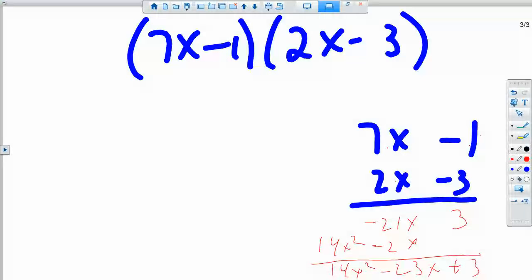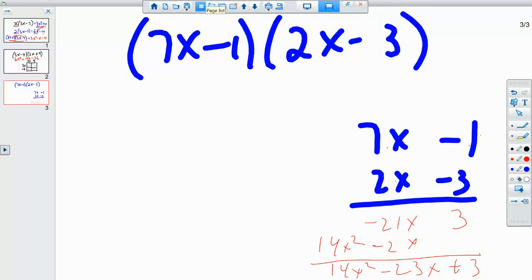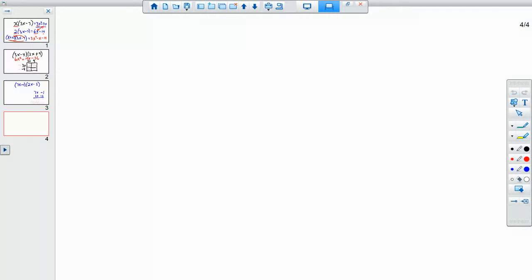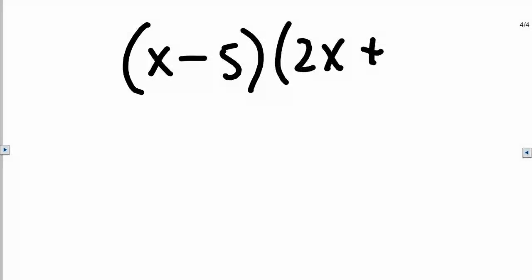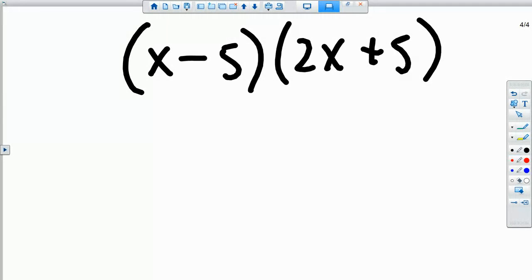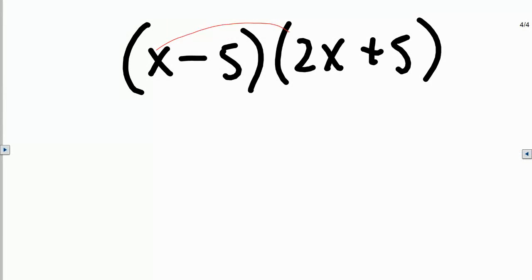So I'm going to do one more example. Let's see. How about if I just make up one, x minus 5 times 2x plus 5. And I'll use FOIL this time. FOIL is the same thing as all the other ones, except the first thing you do is your first term, which would be 2x squared, right?